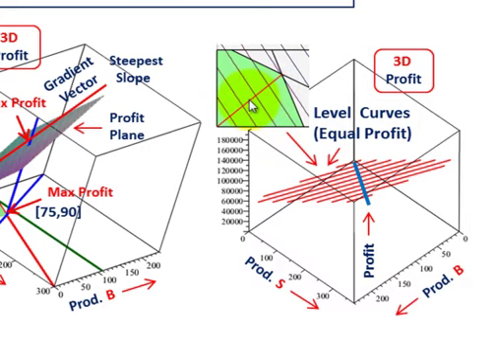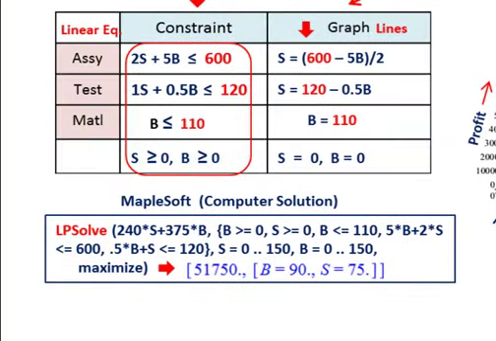Okay, maybe there's one last thing we want to talk about here. Now, we wouldn't have to go through all this. It's really just a simple matter of using, and I'm using the Maplesoft computer solution here, under their optimization package, a function called LPSolve.